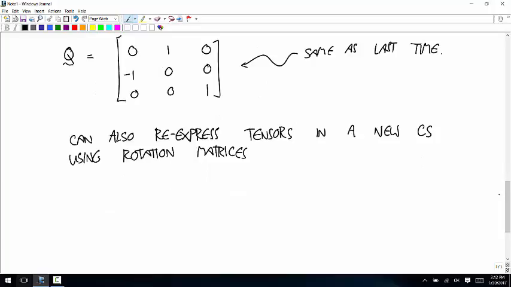And to do that, the stress tensor in the new coordinate system is equal to the rotation matrix Q times the stress tensor in the old coordinate system times Q transpose.